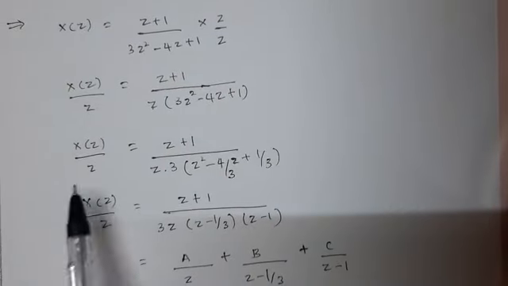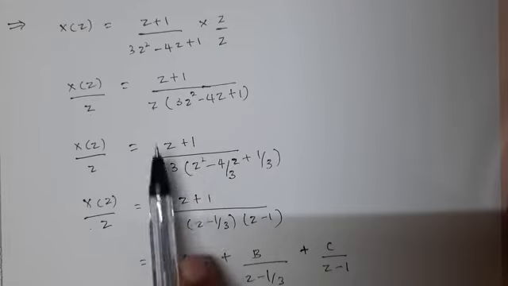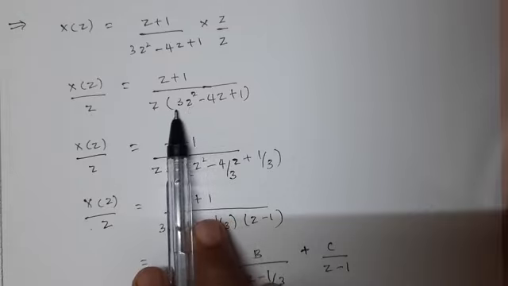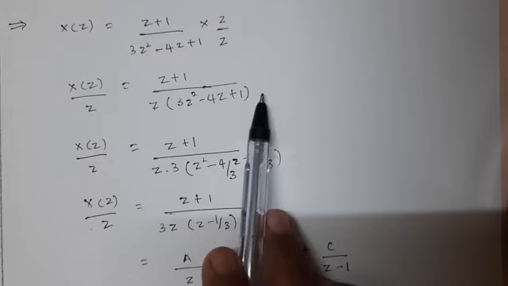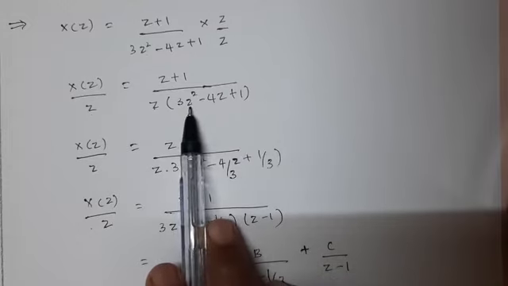Now, x of z by z is z plus 1 divided by z into, again as usual, I will try to have the coefficient of z square as 1. So divide by 3, and multiply by 3. That is, multiply and divide by 3 to get the coefficient as 1.